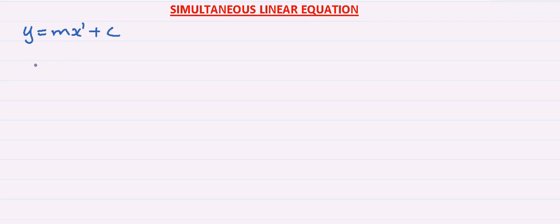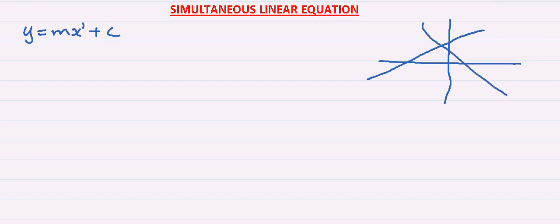So what do they mean when they say simultaneous equations? They are saying if we have 2 functions, let's say this is our Cartesian plane, and we have a linear function like this and a second one like this. What we are really trying to find is the point of intersection of the 2 graphs.